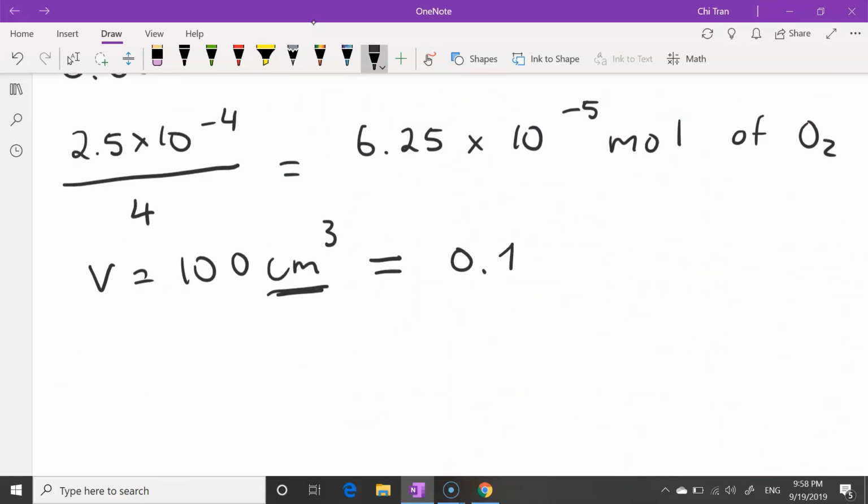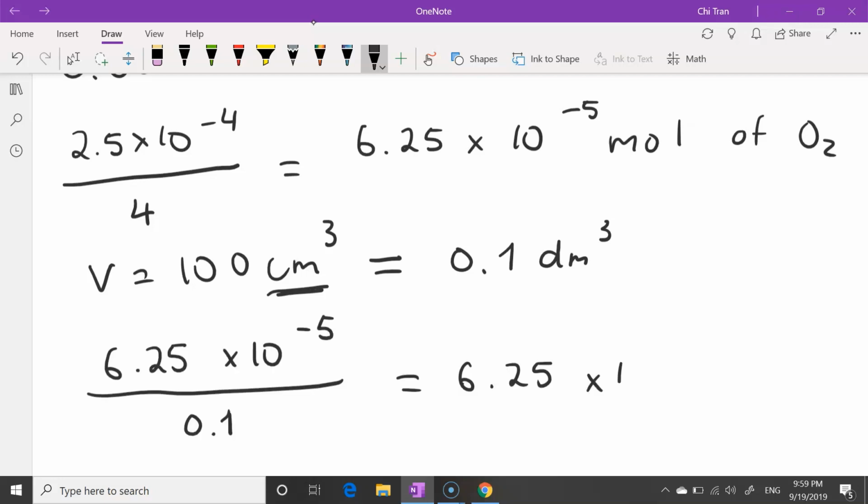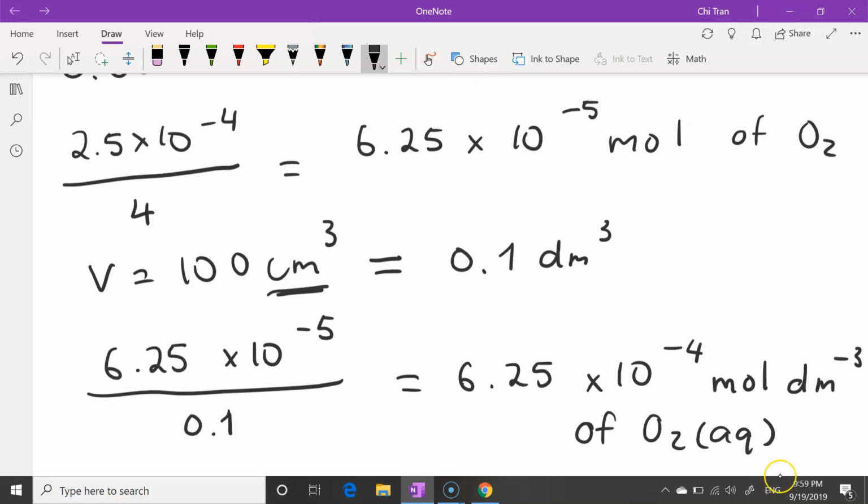And again, we need to change the unit of our volume, so we get 0.1 dm3. And to find concentration, we simply need to take the number of moles divided by the volume, and we get 6.25 x 10^-4 mol per dm3 of dissolved oxygen. And that is our answer for part 2 of the question.